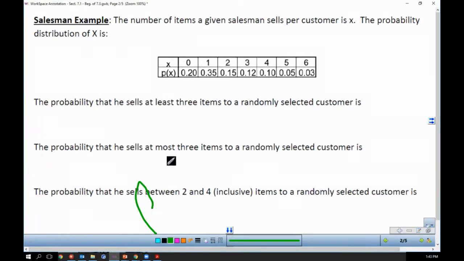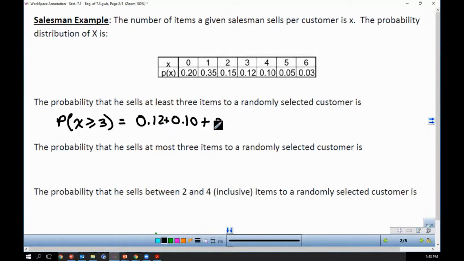Probability that X is greater than or equal to 3. Let's talk about it a little bit. That's exactly right.